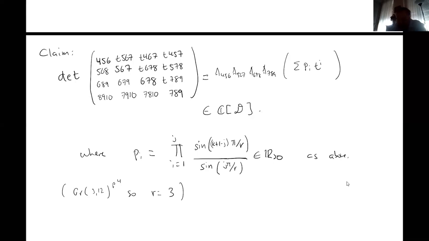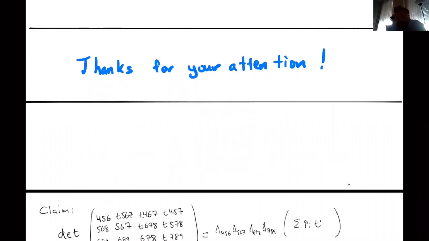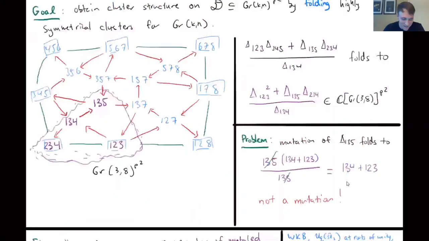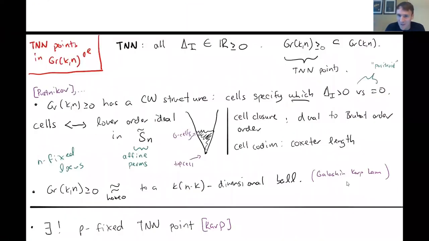And also about references, I would like to ask for a reference about the correspondence between cells and these affine permutations. You mean just in the usual Grassmannian? For the usual Grassmannian, yes, or for your case as well. My case, I guess I'll put it on the arXiv soon. I can email you the current draft of my paper.